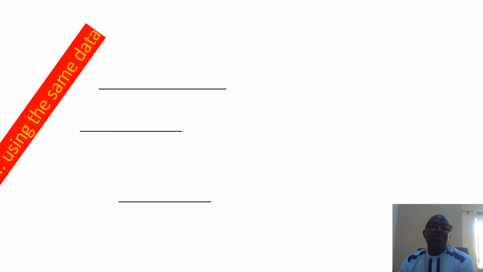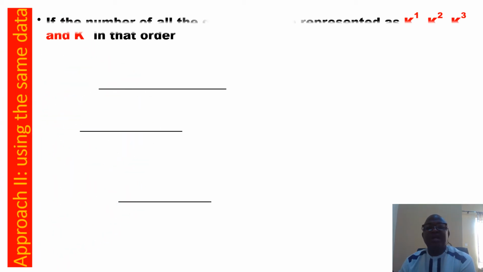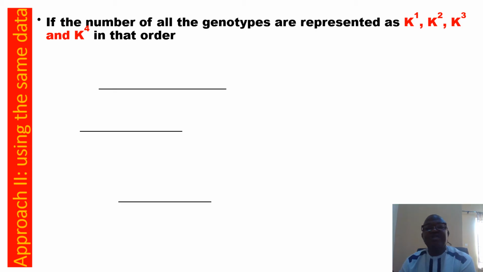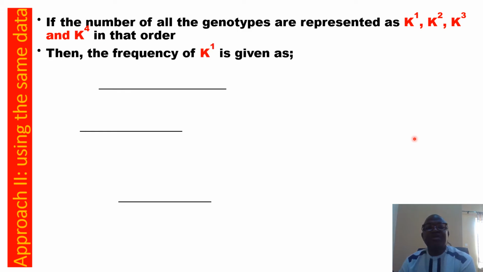So for the second approach, we're going to use the same data we used in the first approach. Now, if the numbers of all the genotypes are presented as K1, K2, K3, and K4 in that order, it means then that the frequency of K1 is given as below.